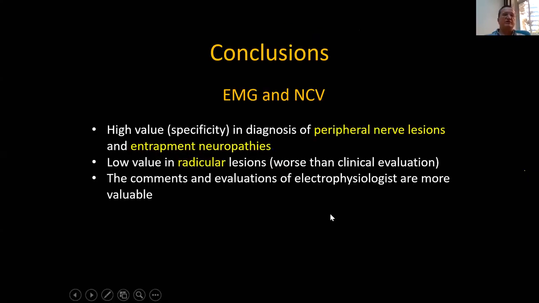In conclusion, EMG and nerve conduction velocity have high specificity in the diagnosis of peripheral nerve lesions and entrapment neuropathies. But they have very low value in radicular lesions, worse than clinical evaluation. The comments and evaluation of electrophysiologists are more valuable.